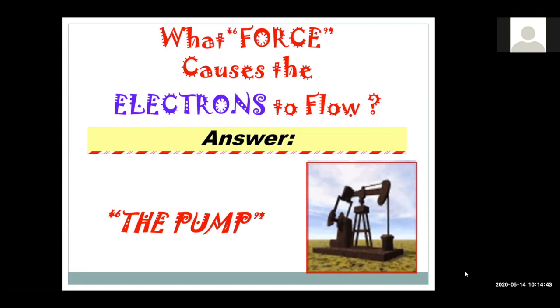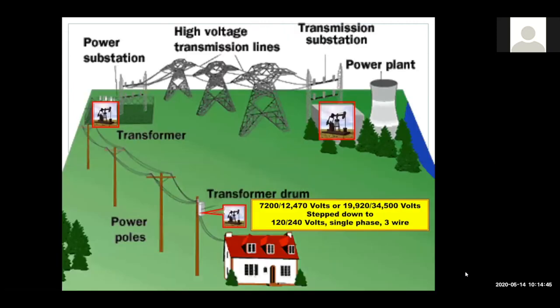Now, we're looking here at some distribution and transmission. If we start over here on the right-hand side, it starts out at the power plant. The first thing it does, it goes into a transformer that, again, we're calling the pump.